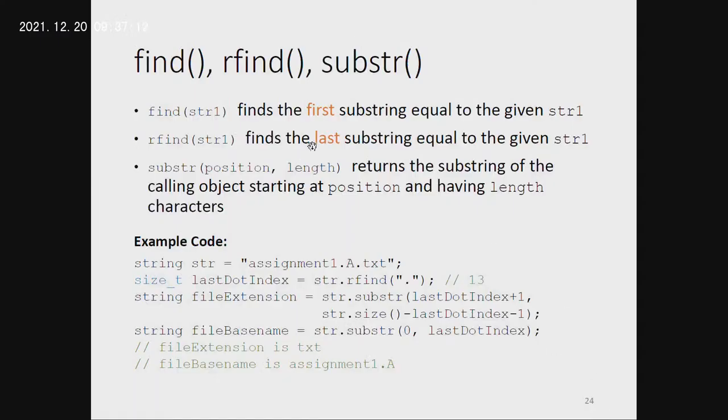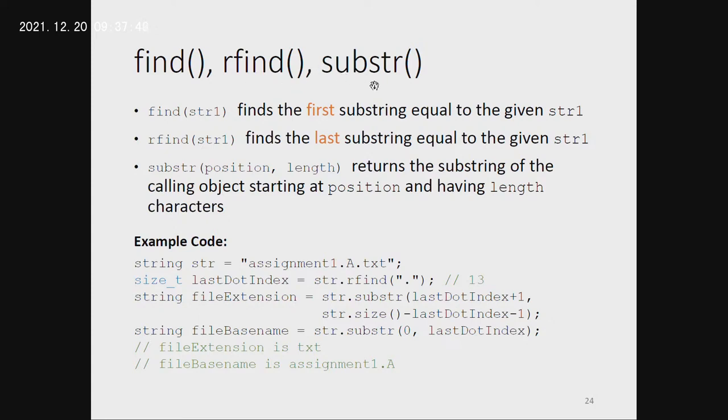In this slide, I introduce common operations on strings, including find. Find returns the index of str1, and rfind means reverse find, which means you search the string from the end of the string.